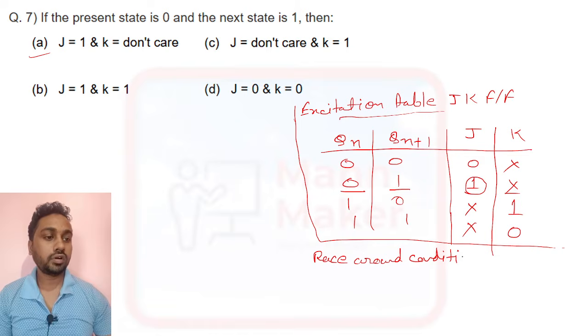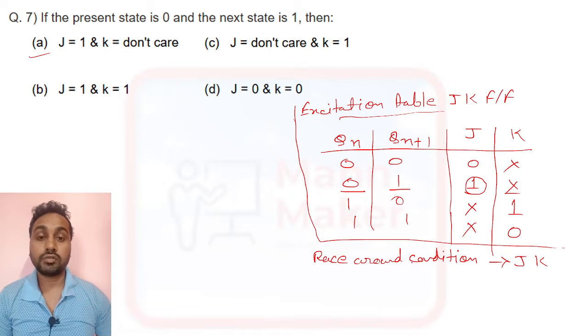In which flip-flop does race around condition occur? So the answer will be JK flip-flop. And what is the condition for this? When J and K both are 1 1, in that case it will be in toggling state. So that is your race around condition.